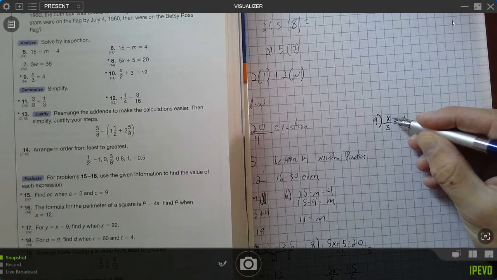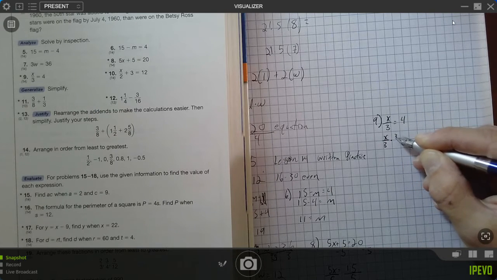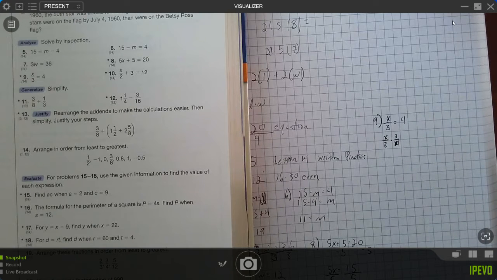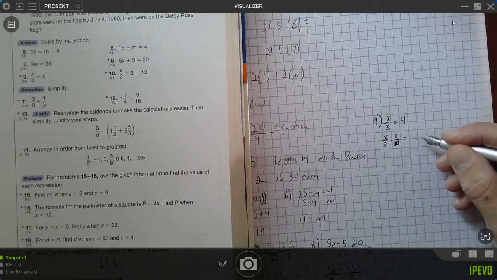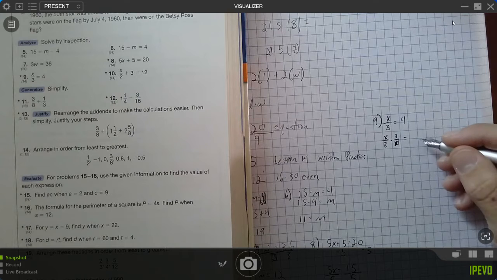Instead of x divided by 3, I'm going to use my reciprocal, 3 over 1, times 3 over x, equals, because I don't actually want it to equal 1, I want it to equal x. 4, now I've timesed this side by 3, so I have to times this side by 3.